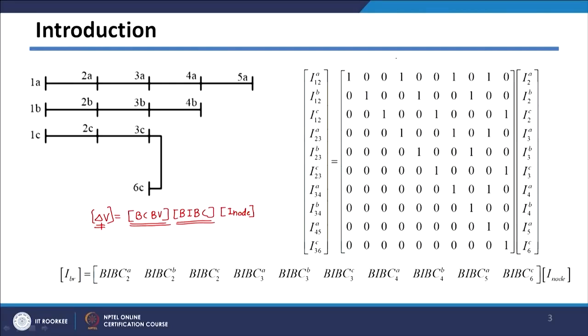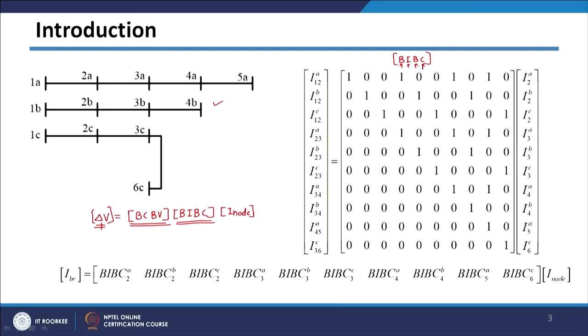The BIBC matrix looks like this for this particular network. We have already seen how to construct this BIBC matrix when we studied load flow analysis. BIBC is the bus injection to branch current matrix.